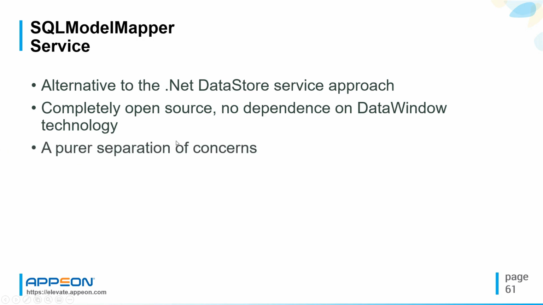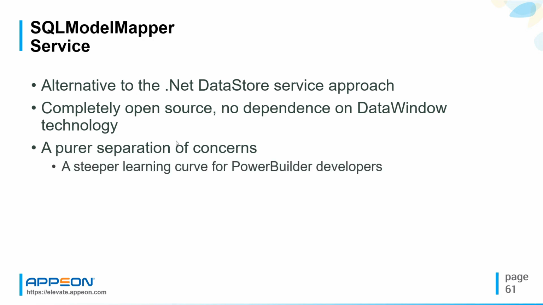It has a pure separation of concerns. You remember earlier in the session I talked about how the data access object and the POCO object are somewhat merged in the .NET Data Store approach. It does have a steeper learning curve for PowerBuilder developers.